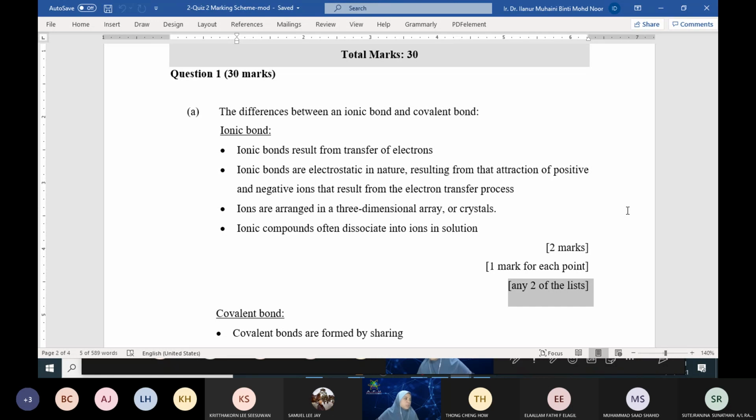This one, no one has written. And then ionic compounds often dissociate into ions in solution. Okay, so any two of the statements can be correct. Why do I give 4? Because if the second marker reads your answer and it is not in the marking scheme, he will just give 0. So to save you, better to put more than less. From the 4, any two of the list can be accepted.